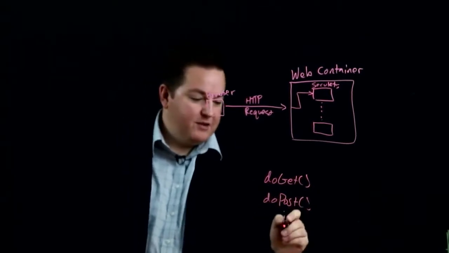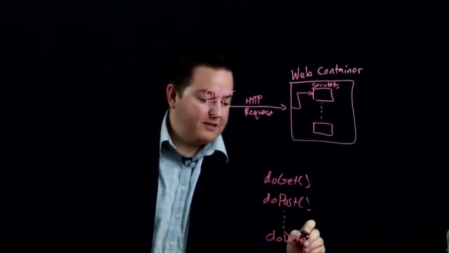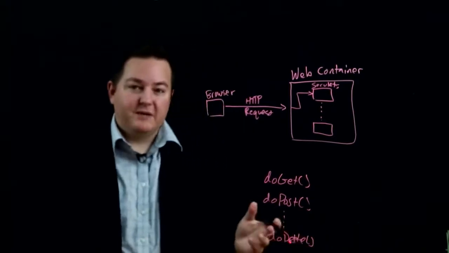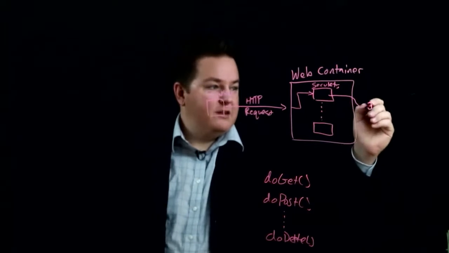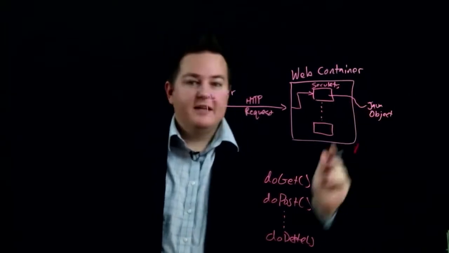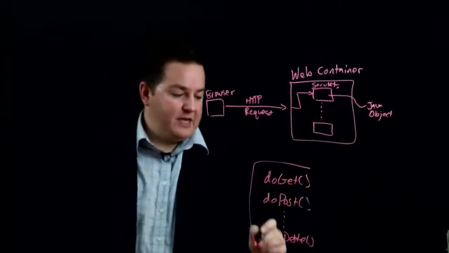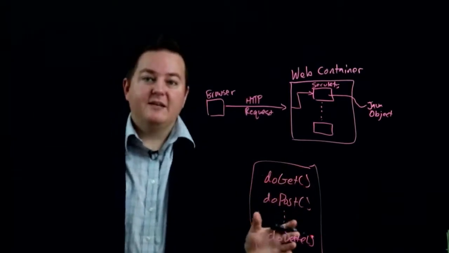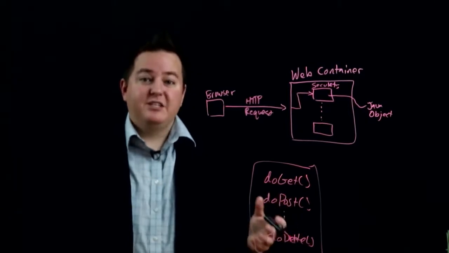You have do methods for the various request methods that are part of the HTTP specification. So this servlet is nothing more than a Java object that inherits from servlet and has implementations of the various request handling methods that correspond to the various HTTP request methods.